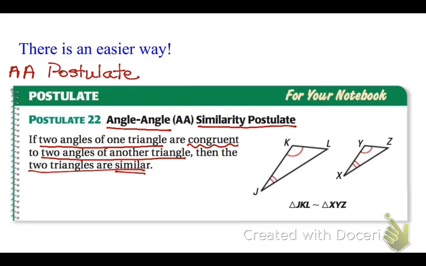If two angles of one triangle, let's say angle K and angle J, are congruent to two angles of another triangle, angle Y and angle X, that's enough to prove that these two triangles are similar. We don't need to worry about the lengths of their sides. We don't need to worry about this third angle. All we need to know is that two angles are the same. So that makes it really easy.